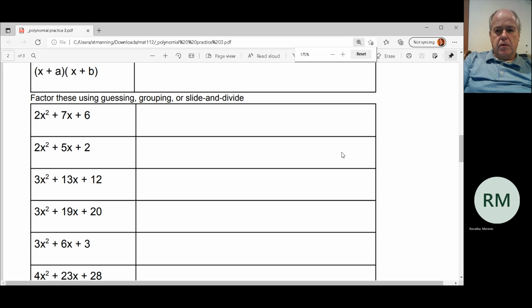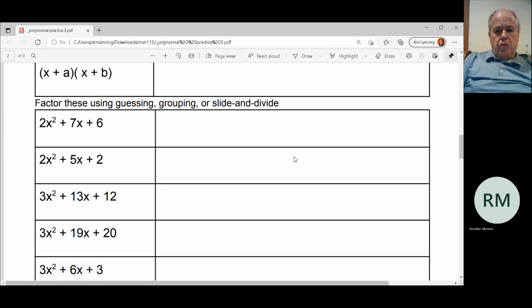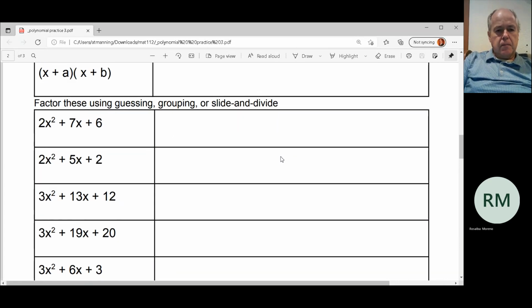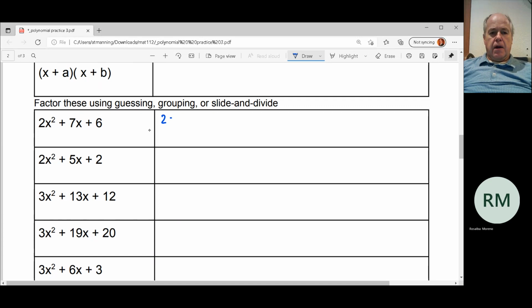That hasn't happened before. Okay, factoring by grouping again. We were on this one if I remember right, and we're factoring this by grouping. Turn on my pen. Okay, so we recognize 2x squared plus 4x plus a 3x plus a 6.